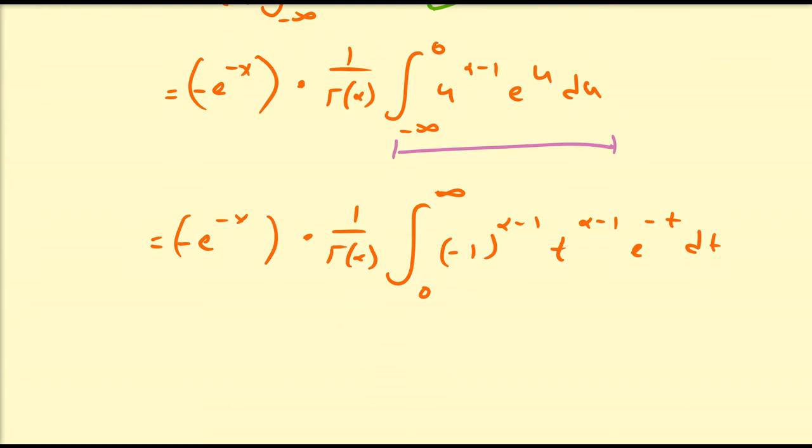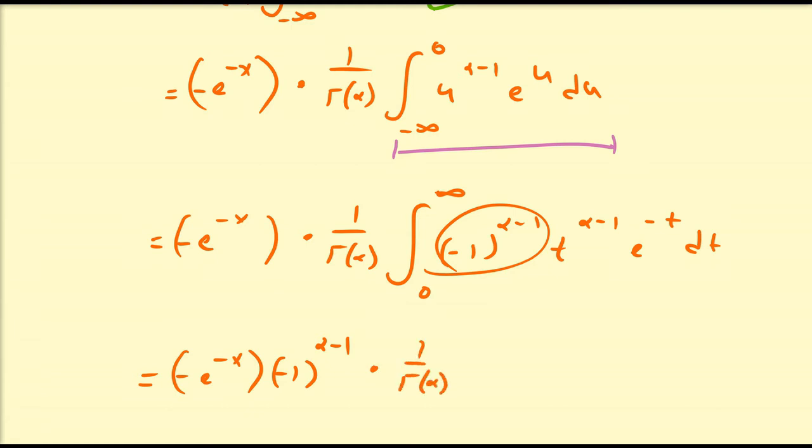Let's see here. So I can pull this (minus 1) to the alpha minus 1 out, so we have minus e to the minus x times (minus 1) to the power of alpha minus 1. Now that could be complex, like if I choose alpha to be equal to 3 halves, that's going to give us i. And then we have times 1 over gamma alpha times the integral from 0 to infinity of t to the alpha minus 1 e to the minus t dt.